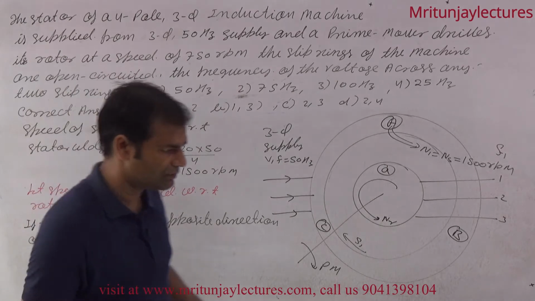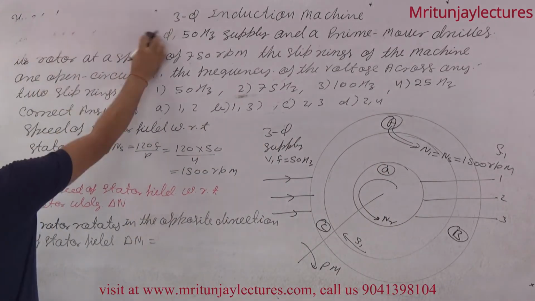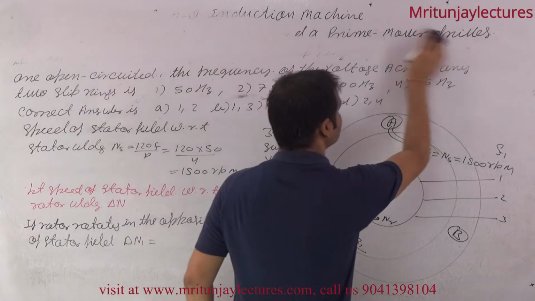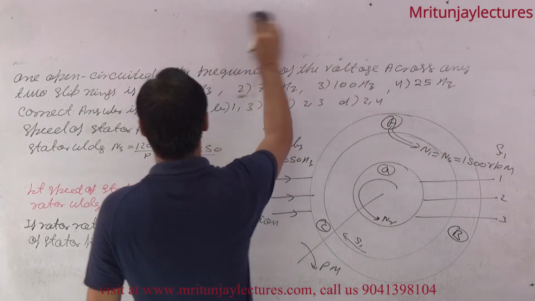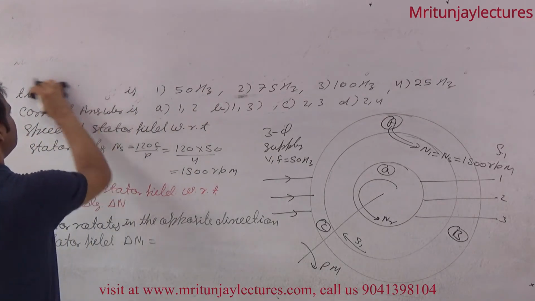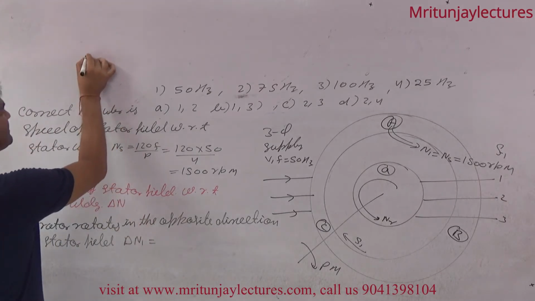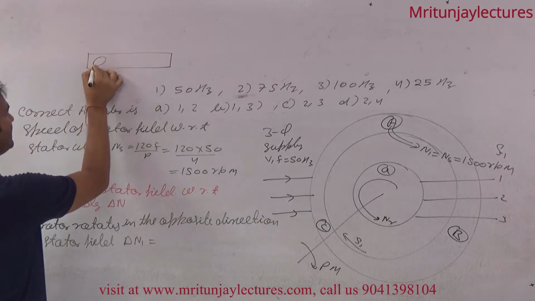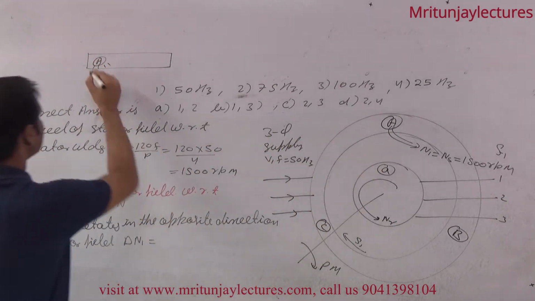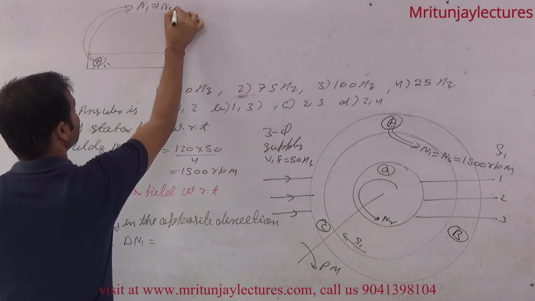Now what about delta n? If any doubt, first make the linear diagram: the stator winding, capital A, and the rotor. The stator field with respect to stator winding is ns, that is 1500 rpm.